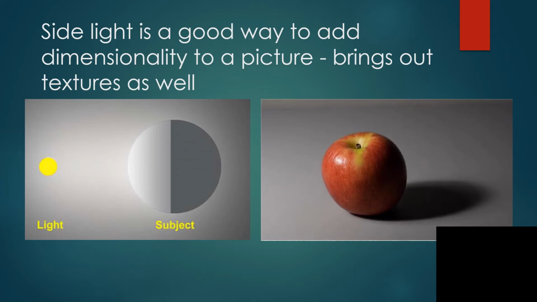And here's another example of side light, and you can see the cast shadow. That helps the eye make some judgments as to the form that is casting that shadow.